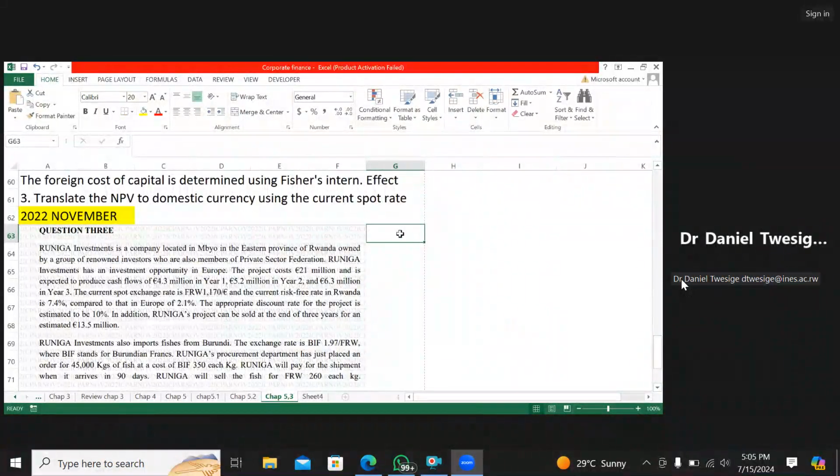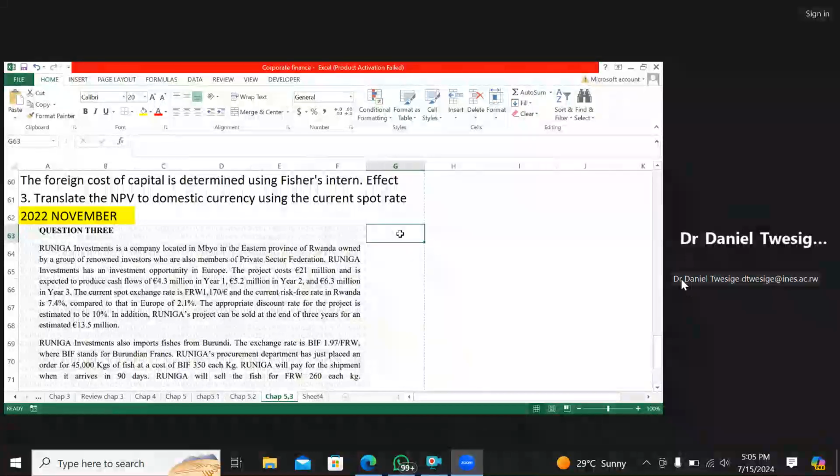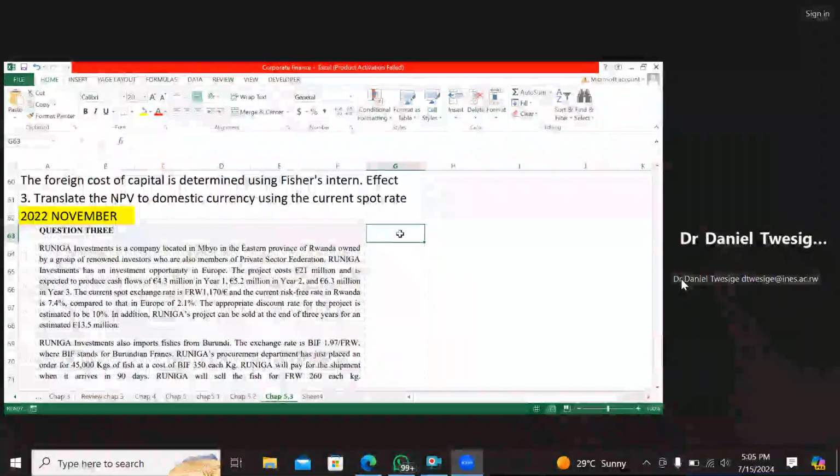After incorporating inflation, you translate the cash flows into domestic currency. Then after translating, you discount the cash flows using a domestic rate. That's number one.